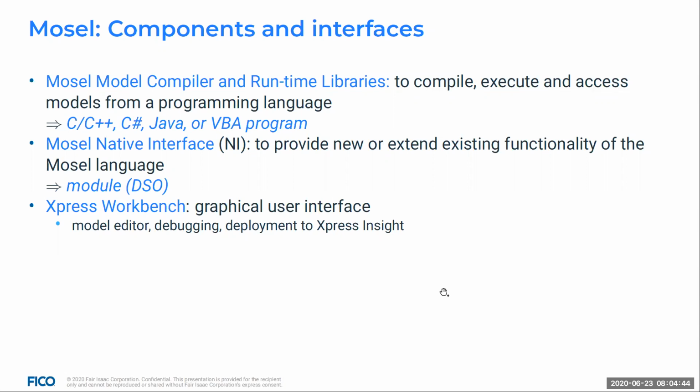Its predecessor was IDE, which is still distributed, but nowadays all new developments are happening in Workbench. Workbench also serves for the deployment and debugging of Xpress Insight applications. And then we have various tools, including a debugger and profiler, and also the Mosel doc tool to generate online documentation.